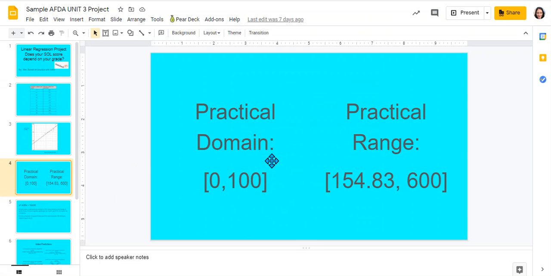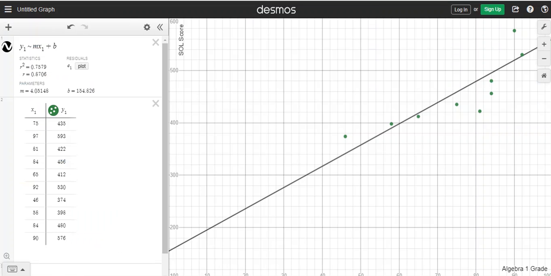This is interval notation, and it means all of the numbers between 0 and 100 are possibilities. For the SOL score, I thought maybe it would be 0 to 600 because you could get an SOL score between 0 and 600. But then I looked at my graph and I kind of adjusted that a little bit.